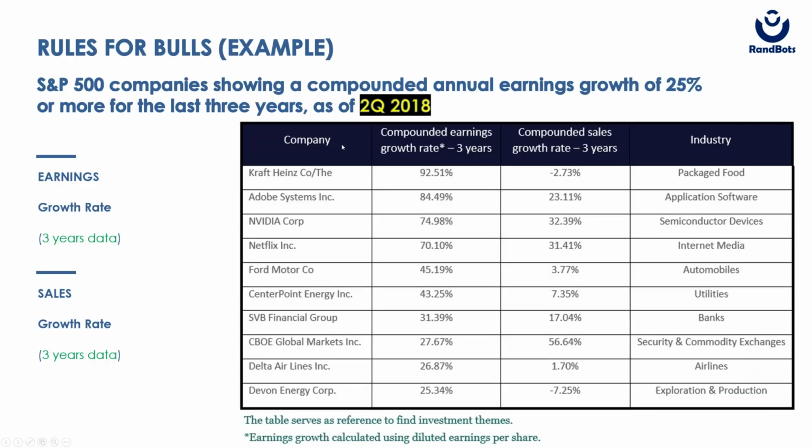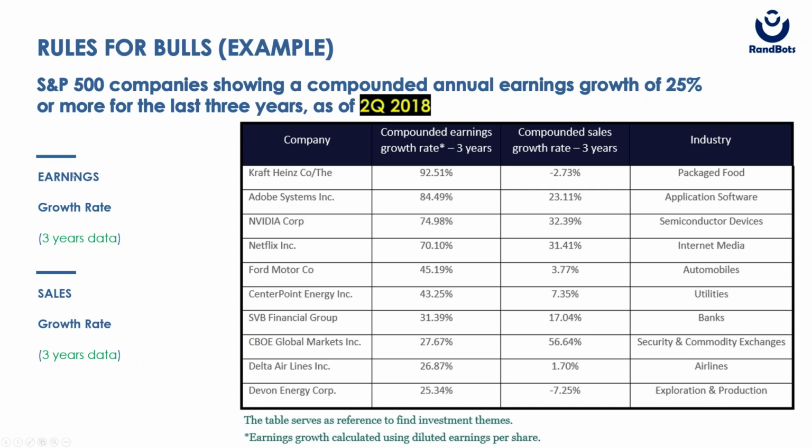So here is where we go into more details on how the system trades and how the system reviewed it. Here we have S&P 500 companies with a compounded earnings growth of 20% for the last 3 years. These are companies that are making money consistently every single quarter for the last 3 years.